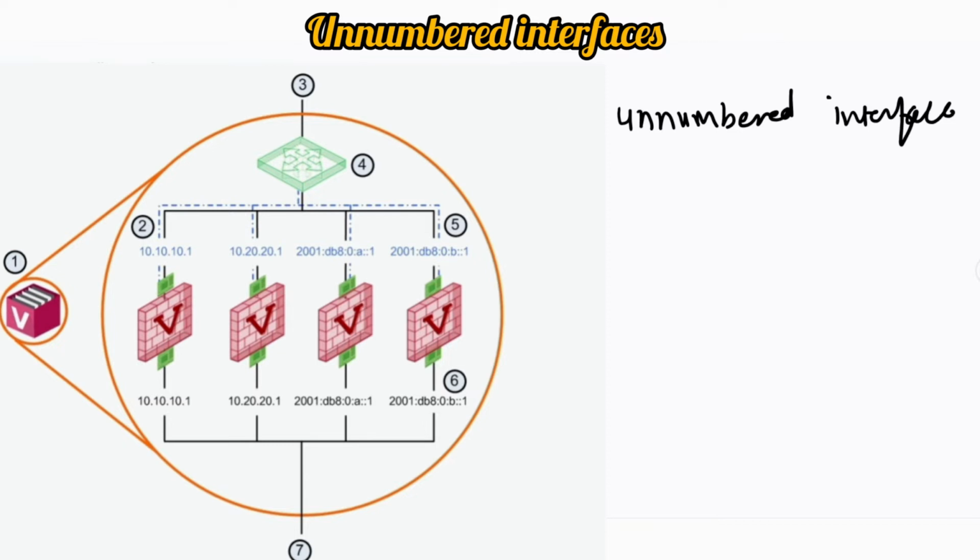A warp link connected to a virtual router has the flexibility to borrow an existing IP address from another interface. Instead of assigning a dedicated address to the interface leading to your virtual routers, you can borrow those IP addresses. That capability VSX provides, we call the unnumbered interface.